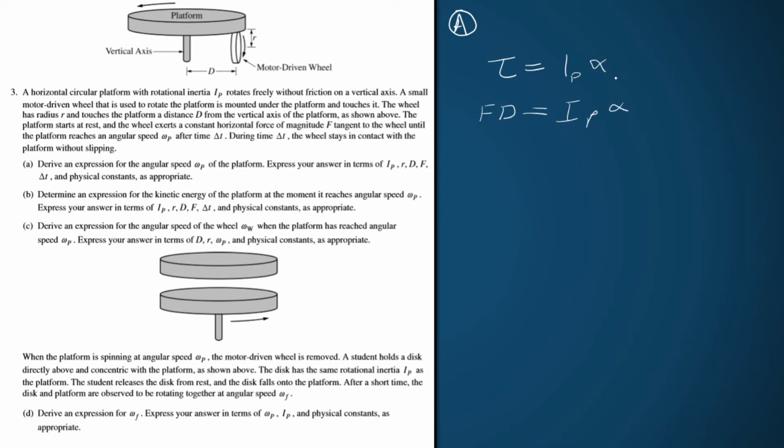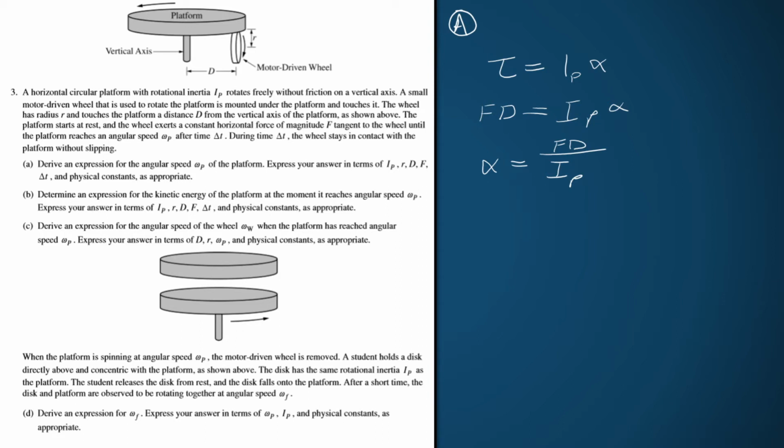Our goal is to solve for omega. So let's solve for alpha first, and then we'll change it to omega. Alpha is equal to omega over t. So alpha is F D over the inertia. Then we need to use some sort of an equation in order to change alpha to omega.